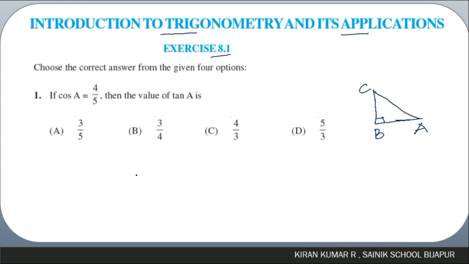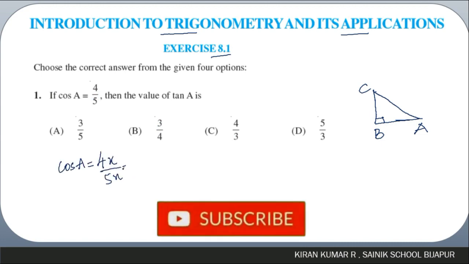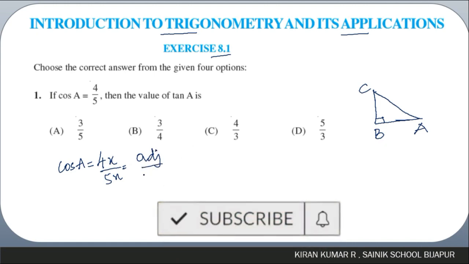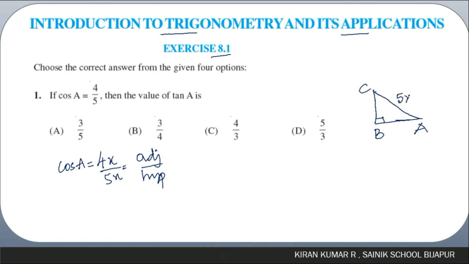For convenience, I'll consider 4x as the adjacent side and hypotenuse is 5x.